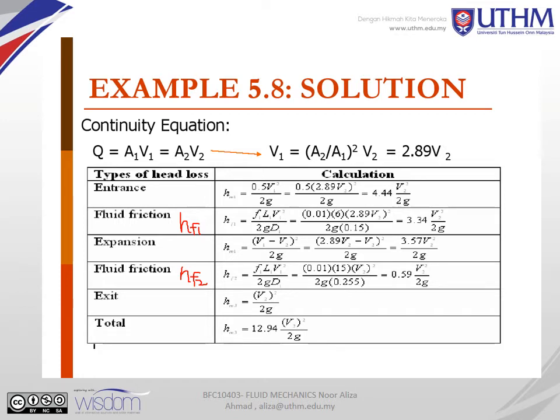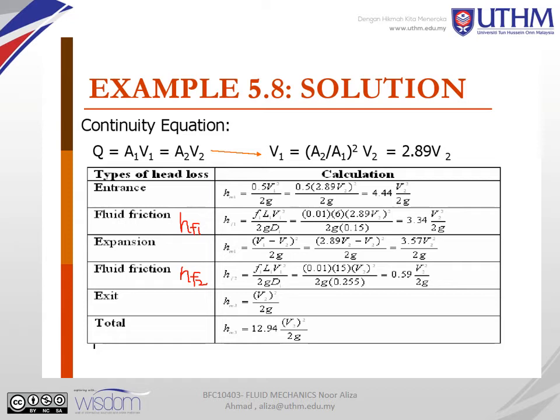For the entrance, H entrance, we know it is 0.5 V1 squared over 2g. You just solve the equation in terms of V2, because we know the continuity equation: Q is equal to A1 V1 is equal to A2 V2. We don't know velocity 1 and velocity 2, so we use velocity 1 in terms of velocity 2.